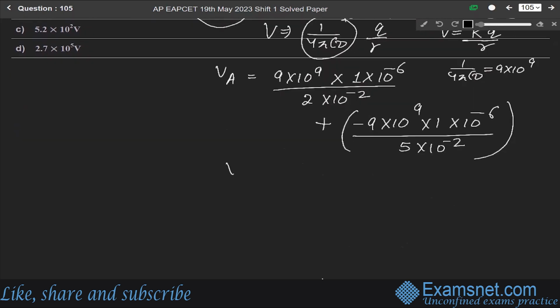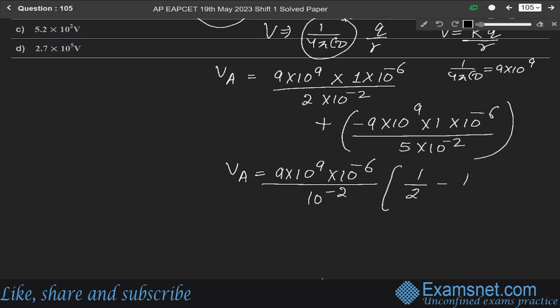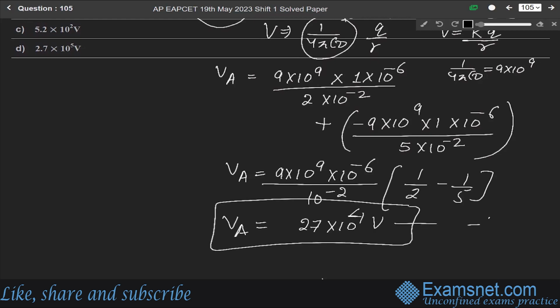So VA will be equal to, taking 9 into 10 to the power 9 common into 10 to the power minus 6 over 10 to the power minus 2 common, 1 by 2 minus 1 by 5. So it will be 27 into 10 to the power plus 4 volt. This is VA, let us say this is equation number 1.